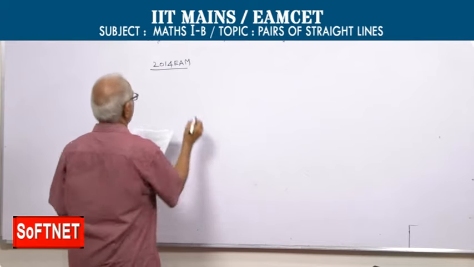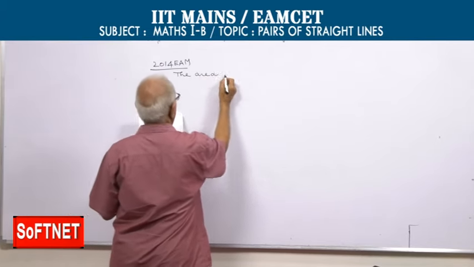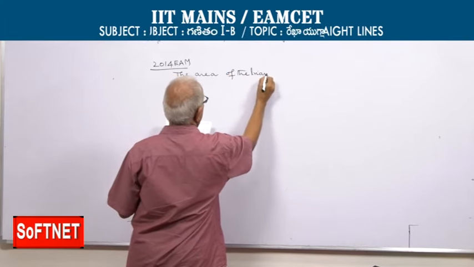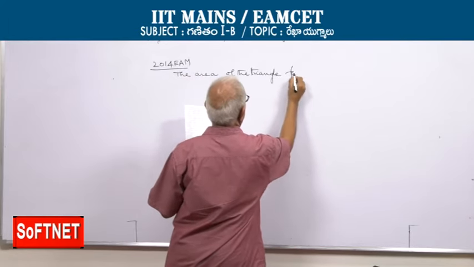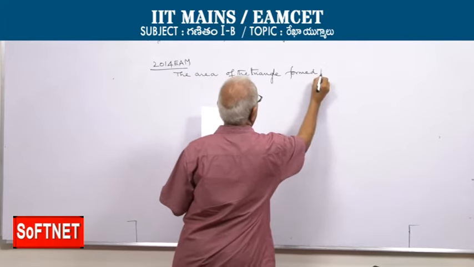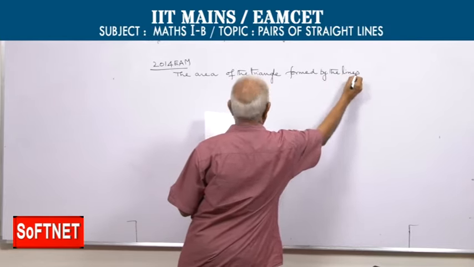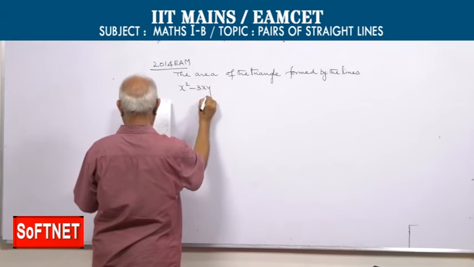The area in square units of the triangle formed by the lines x square minus 3xy plus y square.